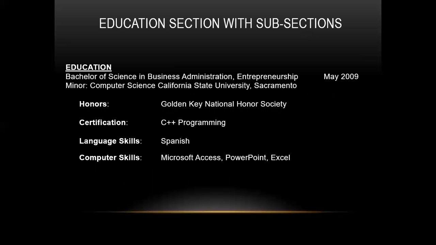Education section. So we're coming towards the bottom of our resume already. After our work experience, we're going to list our education. And if we have a lot of stuff in this area, we could create subsections or subcategories. So in this example, we have a Bachelor of Science in Business Administration and Entrepreneurship, the date that you accomplished that degree, and they're listing their minor in Computer Science at California State University, Sacramento.